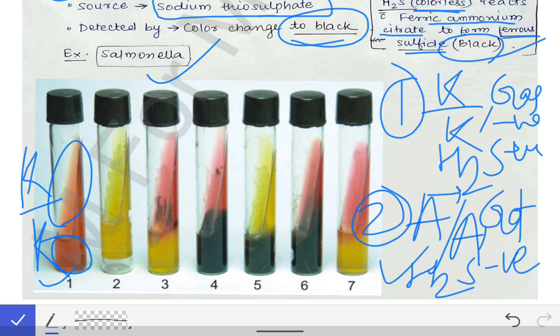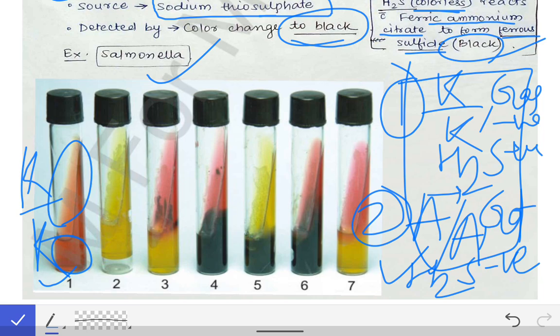This is how we interpret the TSI test. So similarly you write all these tests in this portion of your notes. You should write the interpretation of all of these test tubes, like 1, 2, 3, 4 and all.